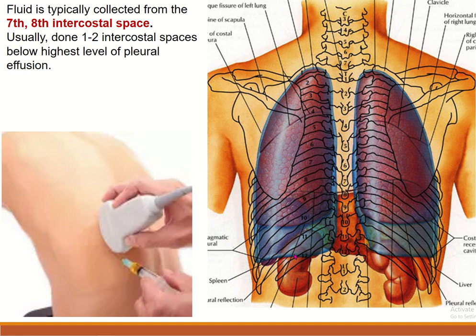We don't enter the needle in a lower intercostal space to avoid injury of the abdominal organs. You see, the kidney is situated here, the liver is here, and the lung is here.